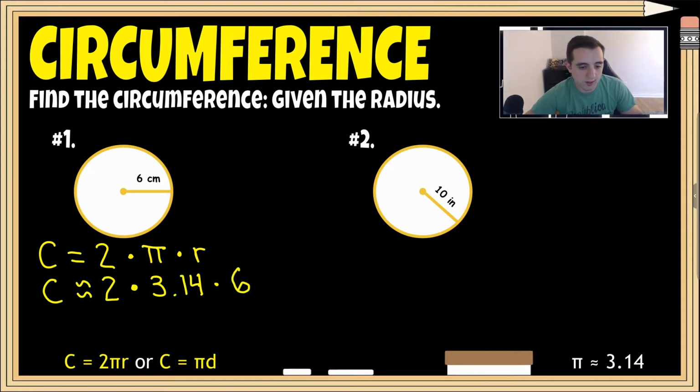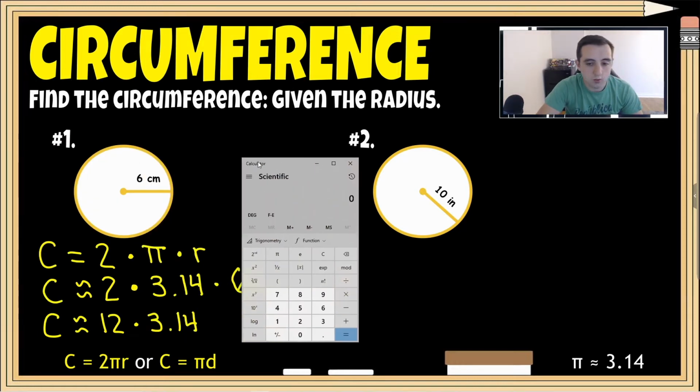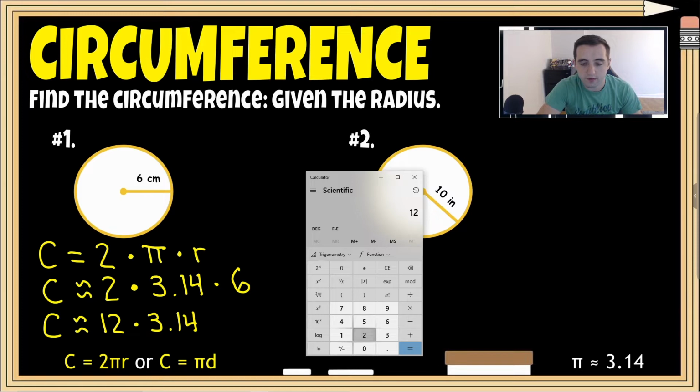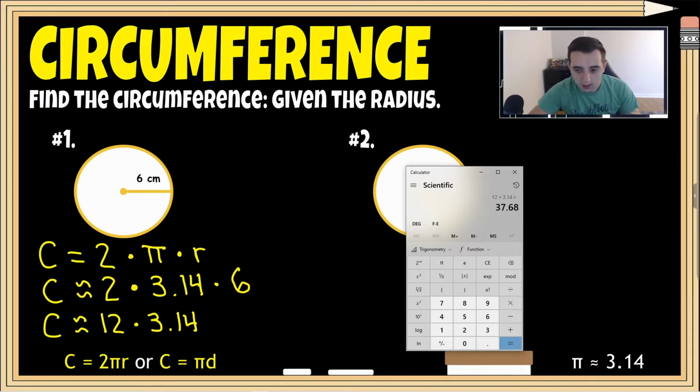Okay, if we multiply, and we know 6 times 2 easily is 12, so C is approximately 12 times 3.14. And if I take out my calculator here, so we have 12 times 3.14, and we end up getting the circumference to be approximately 37.68. So let's jot that down.